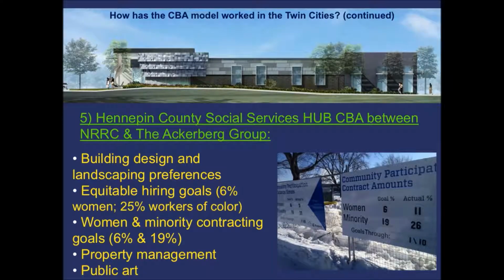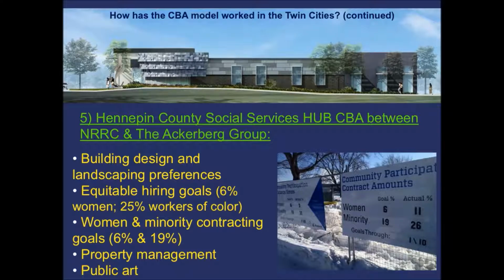And here's our final example. Hennepin County built a social services hub in North Minneapolis and was willing to discuss community benefits outcomes with NERC, the neighborhood association on the north side, and the developer, the Ackerberg Group. And they had a series of areas that were identified that should be rolled into a community benefit.